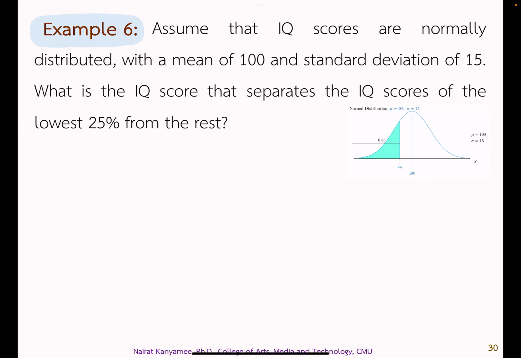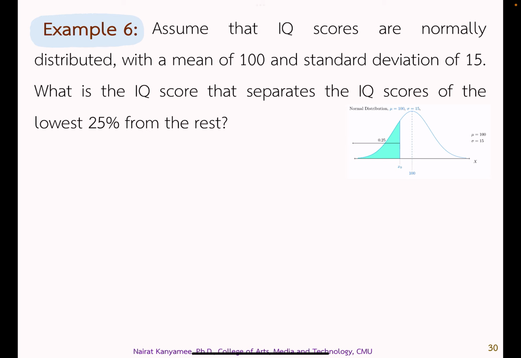Example 6. Assume that the IQ scores are normally distributed with a mean of 100 and standard deviation of 15. We're looking for the IQ score that separates the lowest 25% from the rest.